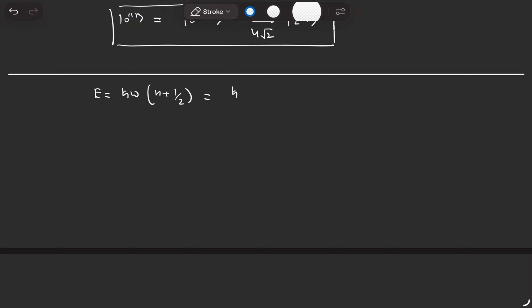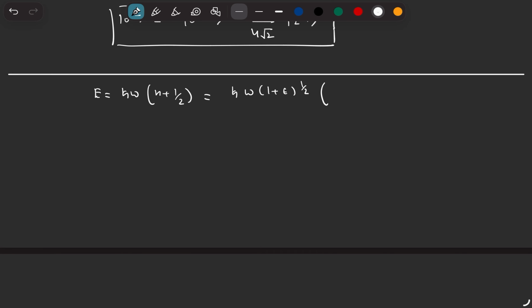So I know that the energy of the Hamiltonian is h bar omega n plus 1 by 2, and this is quite simple because omega is omega 1 plus epsilon to power 1 by 2, so this is h bar omega, that will be 1 plus epsilon by 2, minus epsilon square by 8, and there is n plus 1 by 2.